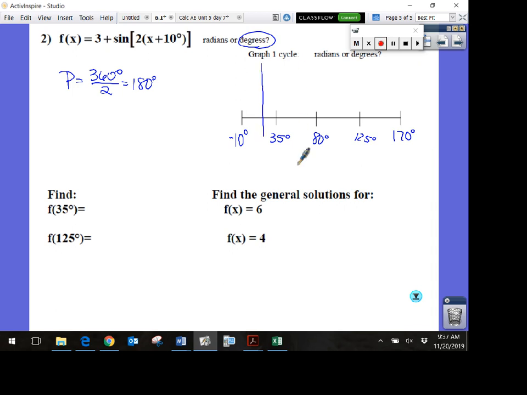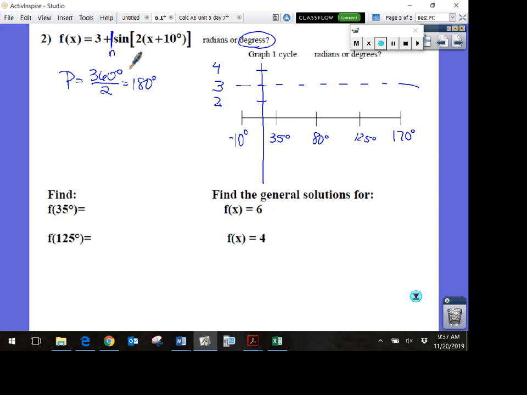Our y-axis goes wherever 0 is going to be. And we have an amplitude of 1, and we moved up 3. So, again, if you like that dashed line right there, draw that dashed line. And we just go up to 4 and down to 2, because there was just a 1 in front of the sine.